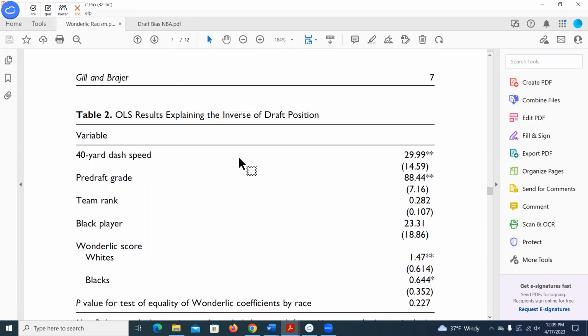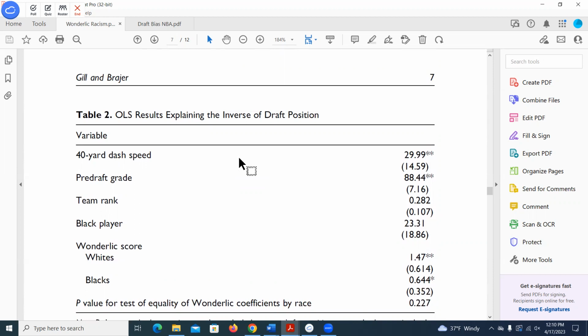I believe they did the inverse of this so the interpretation is easier, because usually you think if I do better, I should be higher. Actually, they didn't inverse this. I would have, but they didn't. So here you think about if I run the 40 a little bit slower, if that 40 time goes up, that actually means that I'm slower. So what would you expect to happen to the draft position, that Y variable?